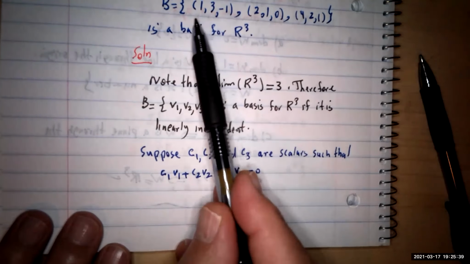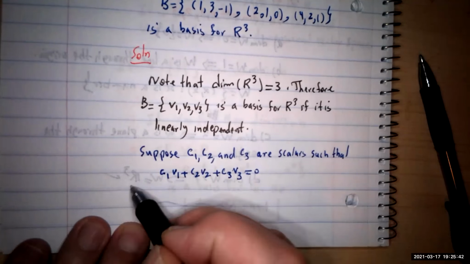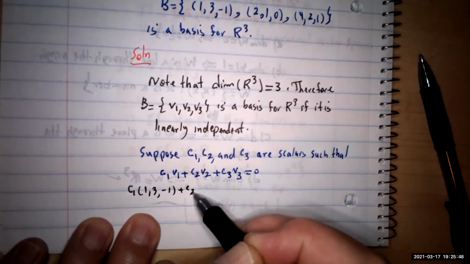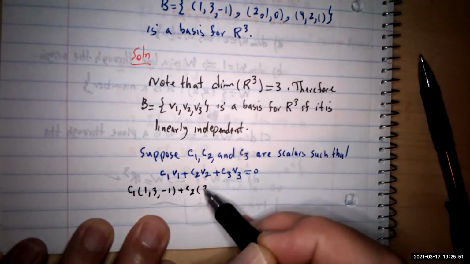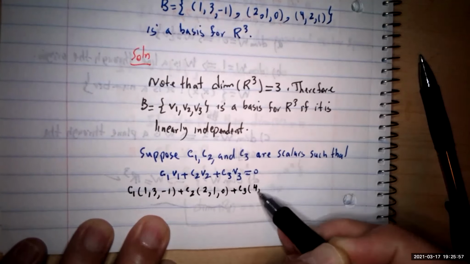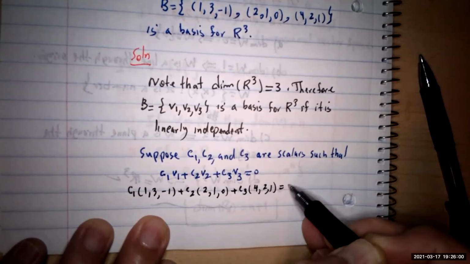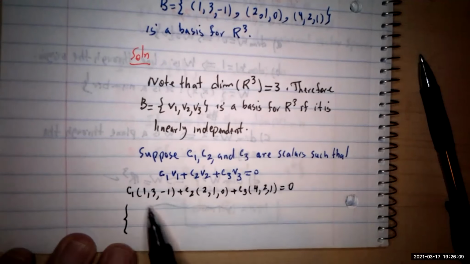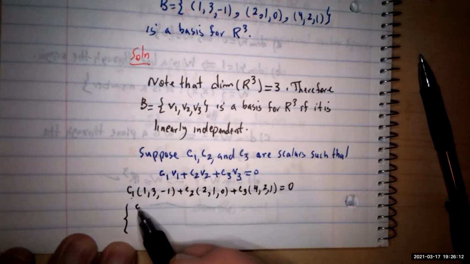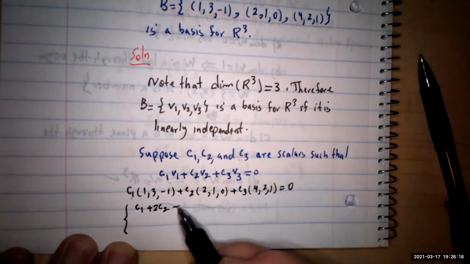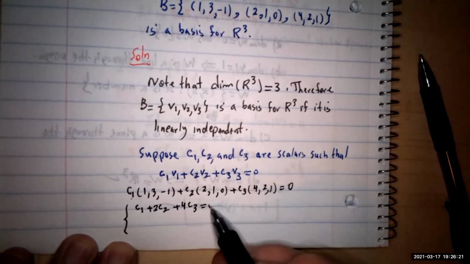Remember, this is going to be C1 times (1, 3, -1), plus C2 times (2, 1, 0), plus C3 times (4, 2, 1), equal to 0. Putting them together, we get the usual system of equations. The first component: C1 plus 2C2 plus 4C3 equal to 0.